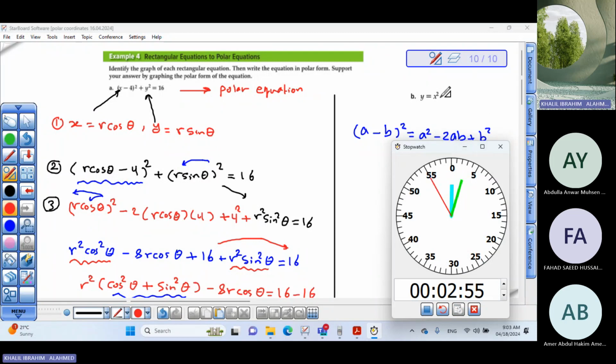You should replace each x by r cosine theta and each y by r sine theta, and then do some steps to simplify to get the final polar equation as required in the question. Okay? Come on, all of you should work.